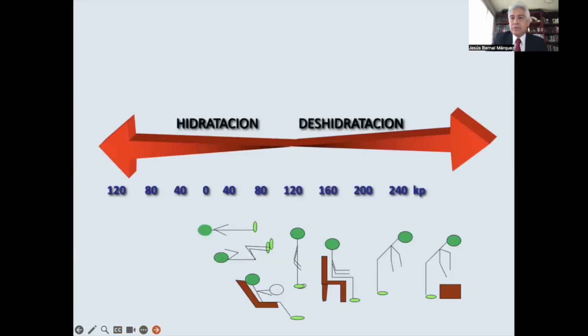There are some positions that we never realize we adopt throughout our lives, throughout our work and daily use of the spine. But here we are precisely going to illustrate in kilopons, which is still the original measurement that the author gave us, the intradiscal pressure that was measured in different positions. We're going to start here at 120 kilopons. When we are standing, we have a load on the intervertebral disc.